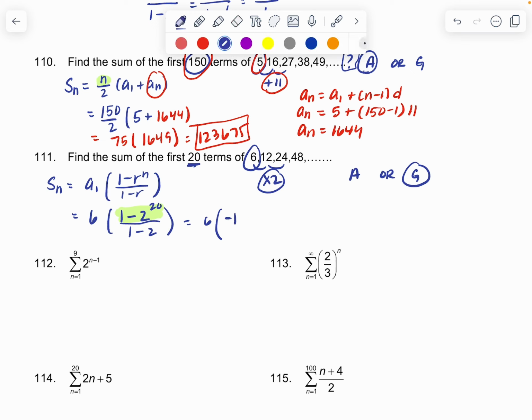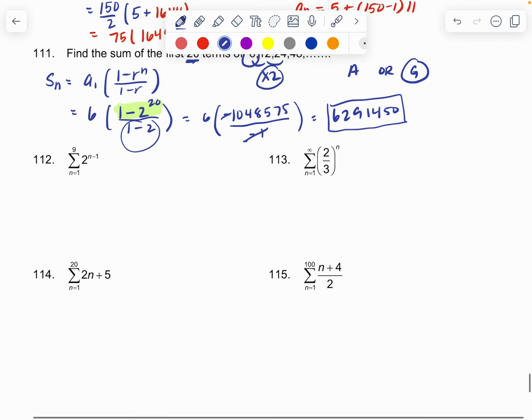This is negative 1048575. And then on the bottom, I have 1 minus 2, which is negative 1. So that negative 1 really does nothing, but it does get rid of the negatives. So now I just have to multiply that number by 6. And I'm going to get 6291450. Definitely a calculator question.